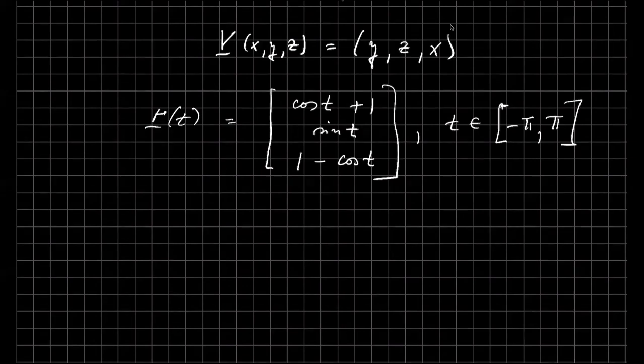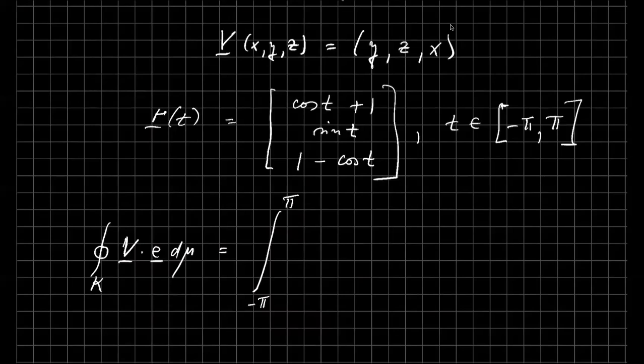I write here the circulation around K of the vector field times the unit tangent vector d mu. When you unfold this in terms of your parametric representation, this is the integral from minus pi to pi, since t runs from minus pi to pi.